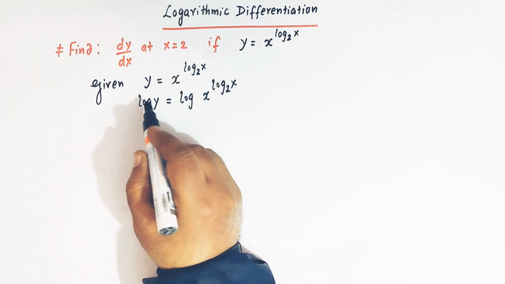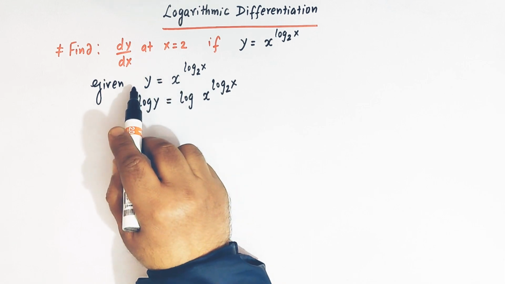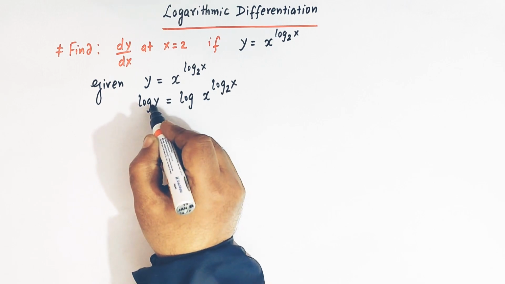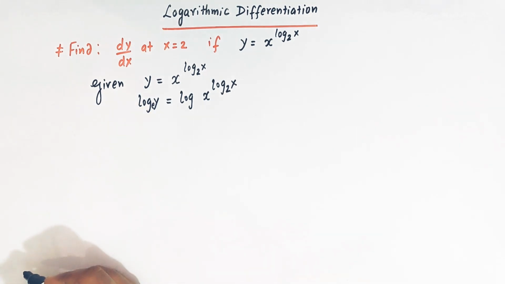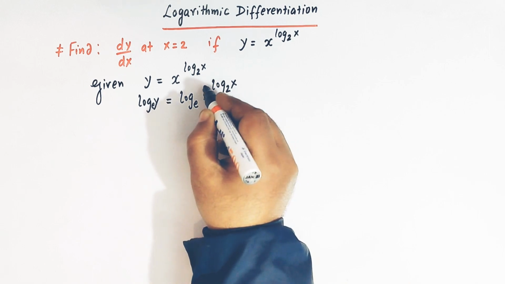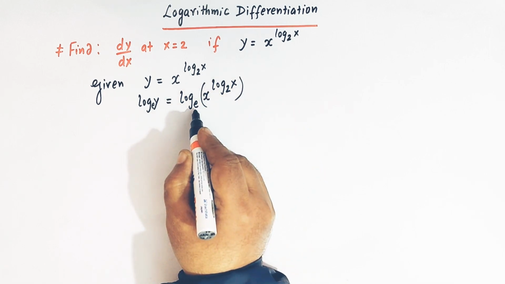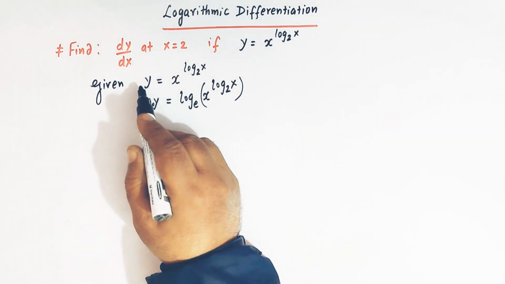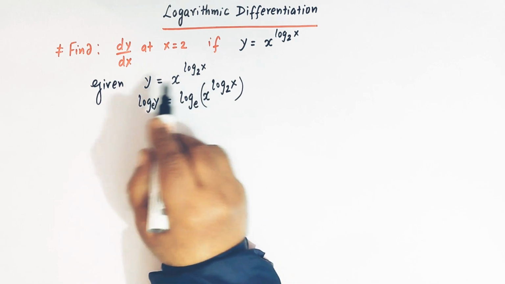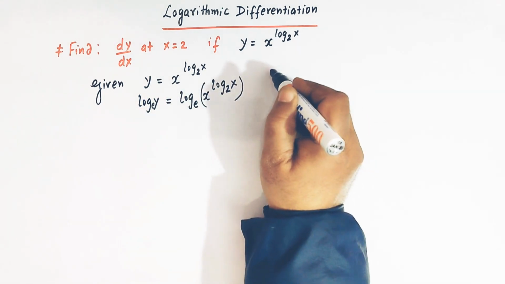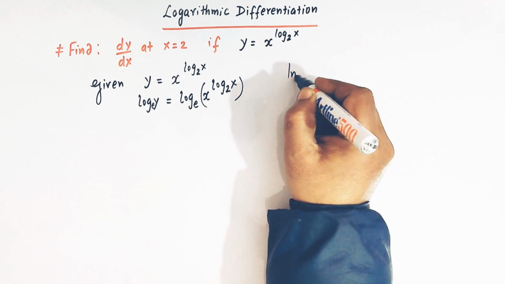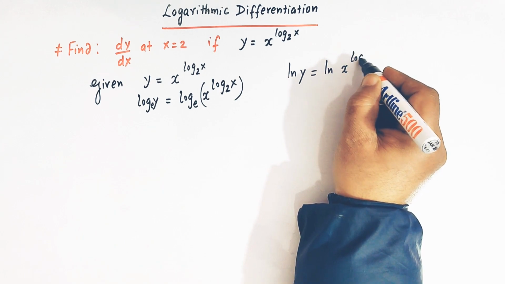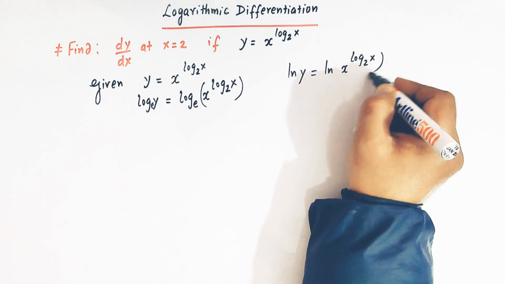Now see, here we are taking the logarithm of both sides, so we'll take the logarithm with respect to the base e. Here we have the base as the exponential number e. When we have taken the natural log of both sides, we can also use this notation, that is ln y = ln x raised to log of x to the base 2.